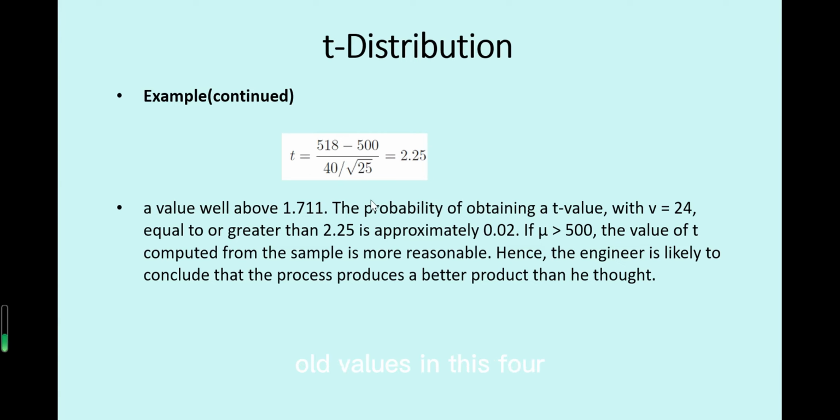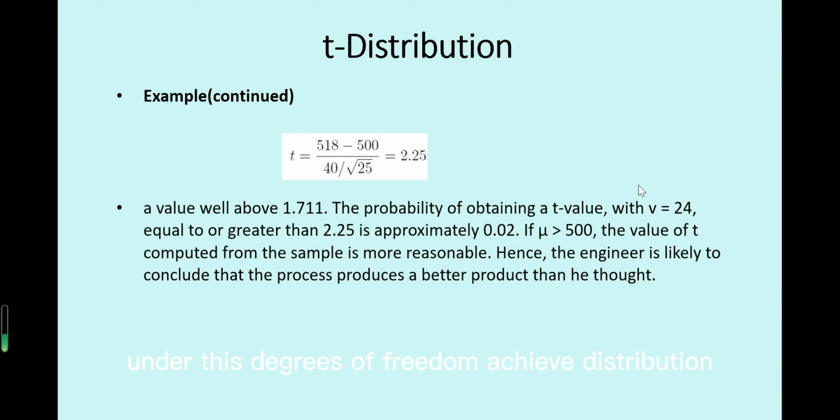So this value is above 1.711, outside of this range, right? Which means that under a t-distribution of 24 degrees of freedom, this t-statistic is more likely from a population with mean larger than 500.